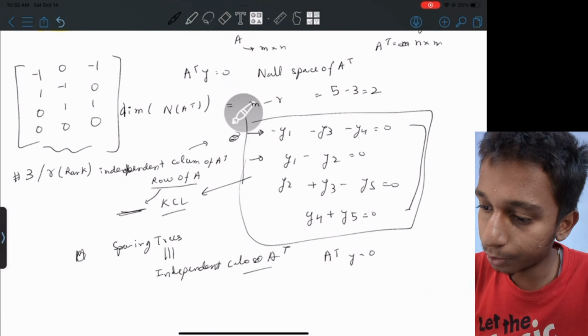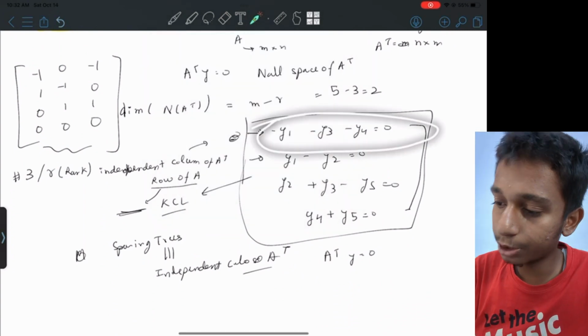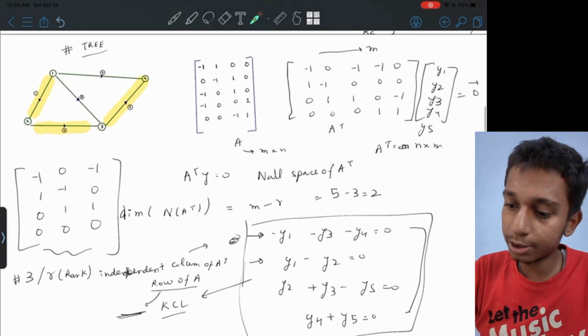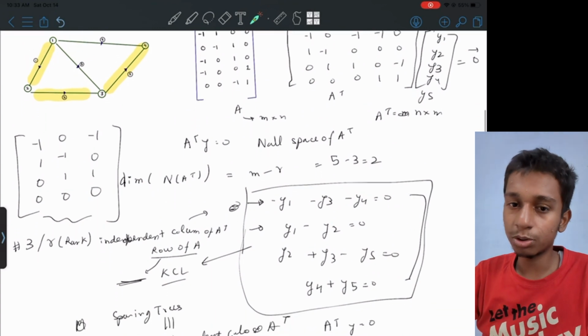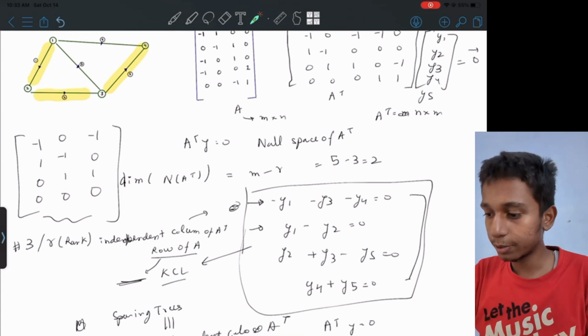For example, this specific equation here, if this is equals to 0, implies at vertex number 1 there is no net accumulation of charge. So all the charge that is entering into this node is also going out.